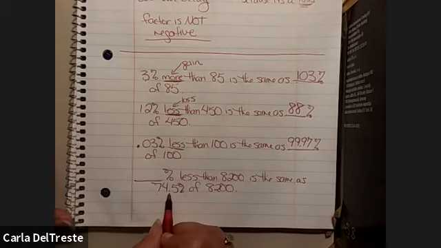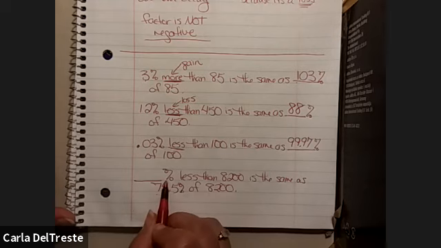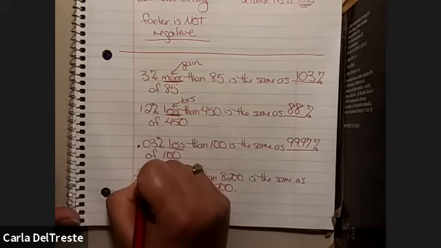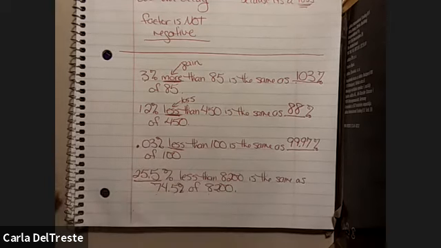We're keeping 74.5% of 8,200. So what's the change? What are we losing? Again, it's only the difference from 100 always. So if I keep 74.5%, that means I lost 25.5%. Okay, always a difference from 100.